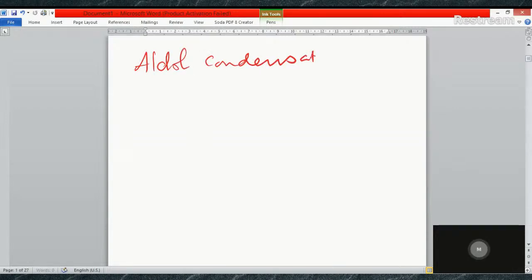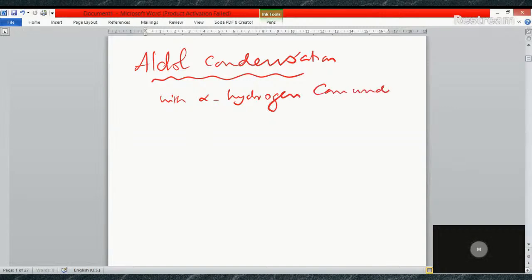Here also there is a condition. The compound which contains alpha hydrogen can undergo this reaction. So all your aldehydes and ketones containing alpha hydrogen atoms in them can undergo this reaction.